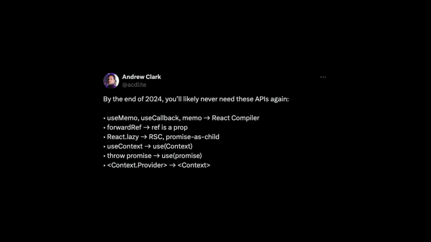So forwardRef will be implemented as a prop in the React 19 release, and React.lazy would be just a server component, which would be treated as a promise, and useContext will be just use, and inside of our use hook we can define which we are using, which is context, and also throw promises will be used as use a promise, and Context.Provider will simply be just Context to wrap our application.